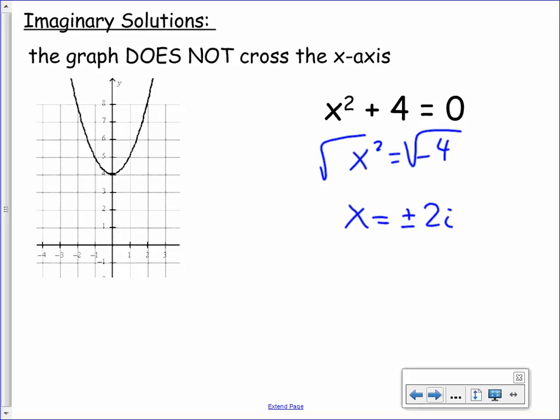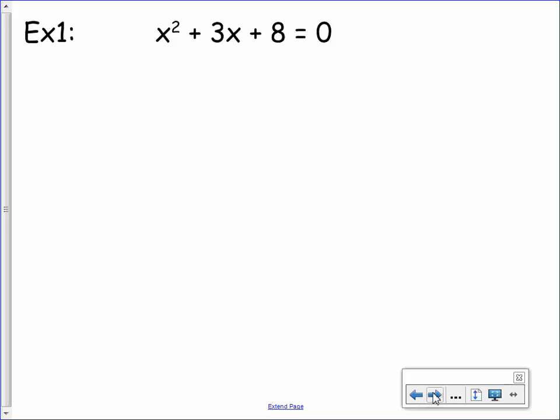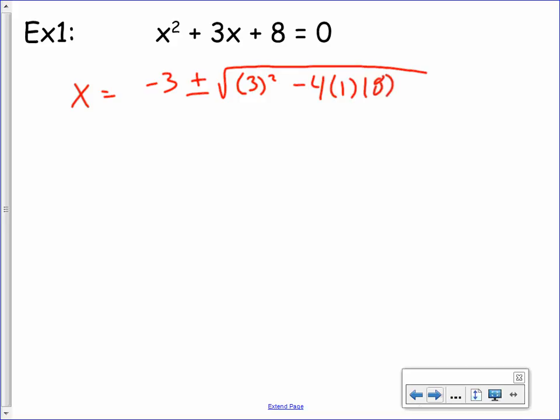If you would like to complete the square, you are more than welcome to, because that's one of my favorite things to do. Here we go. x is equal to plus or minus the square root of 3 squared minus, all over.